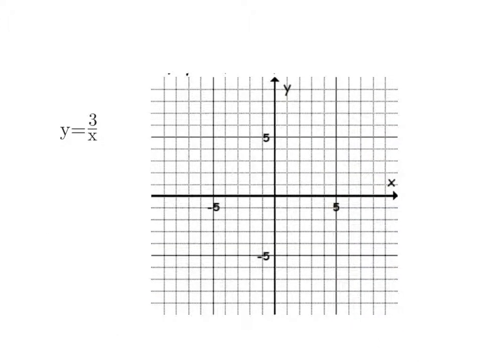Next up is when we have an A value that is different than 1. So this one is our parent graph, so that's just 3 over x instead of 1 over x. So my asymptotes are still going to be at 0 and 0, so I'm going to draw those in. And this way it's a little easier to illustrate where the rest of the points would be.